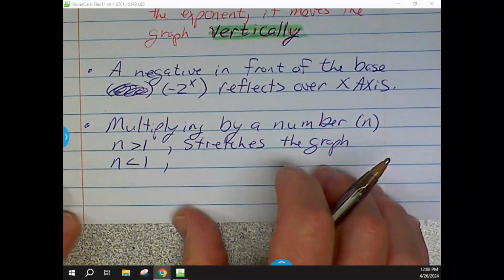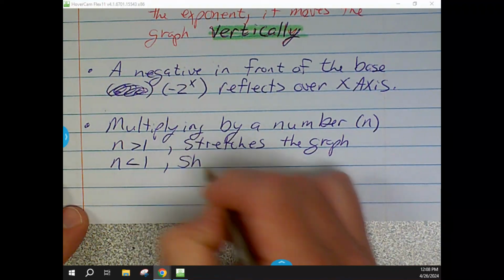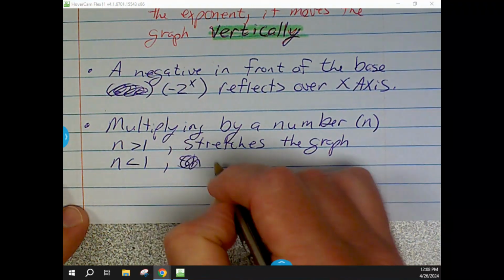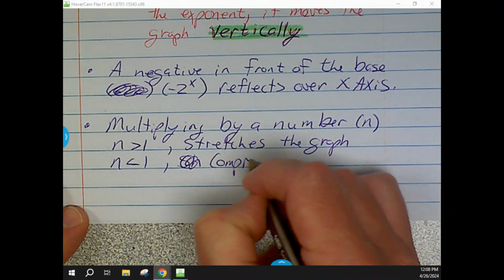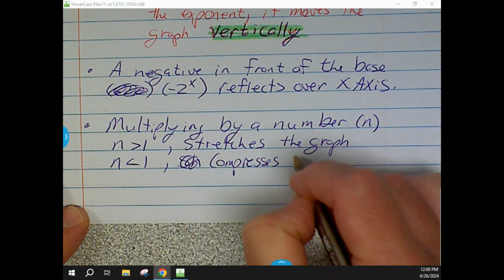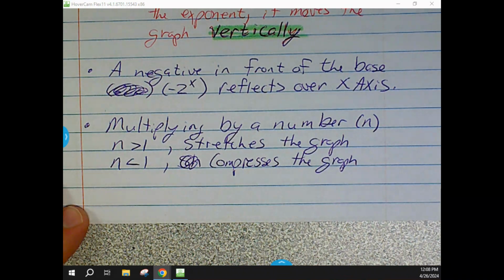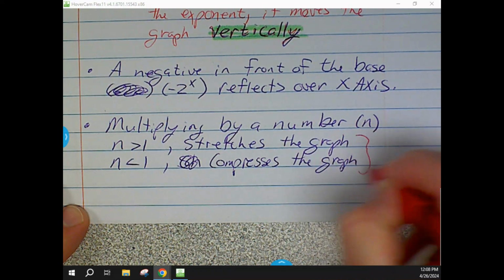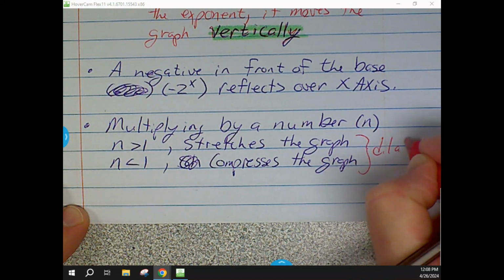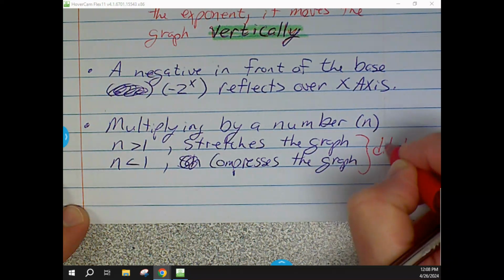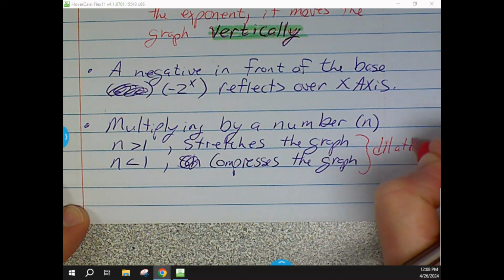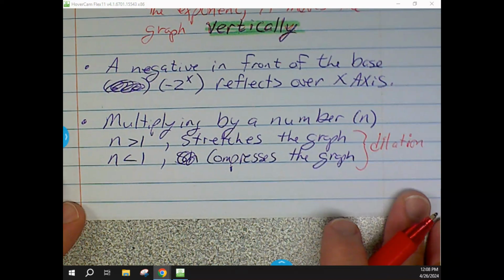Let's just say compresses, I think compress is the word they use. Either way you go, it's a dilation.